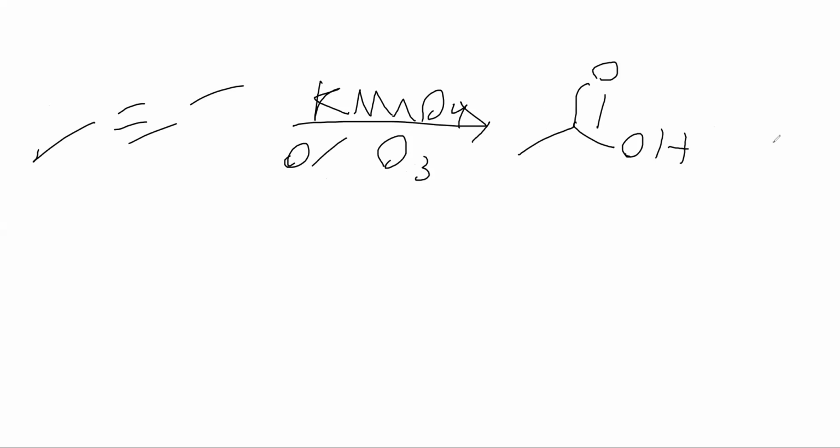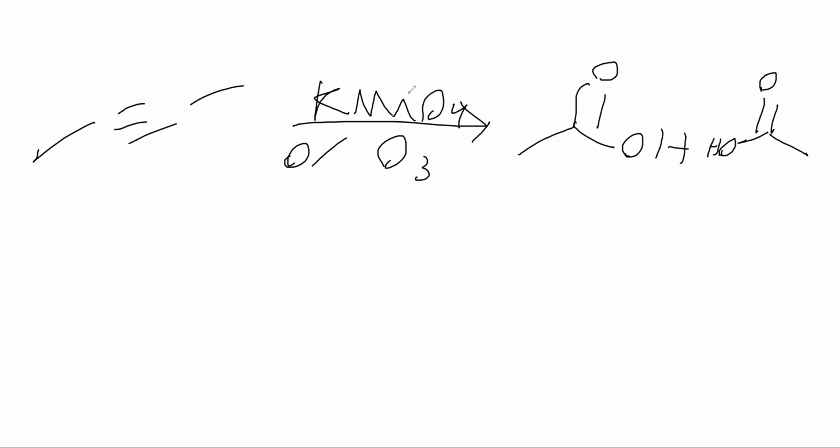It leads to two of these, but you could theoretically look at it like this, because this is where the triple bond was, and that's where the bond was broken and the alcohols were added.